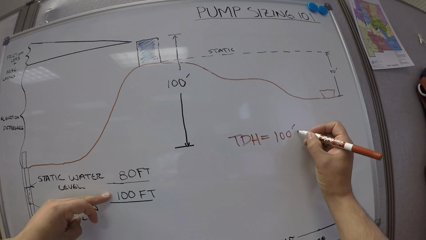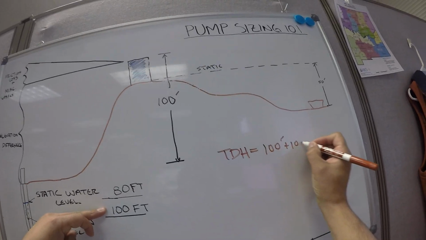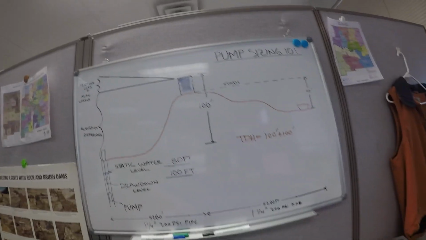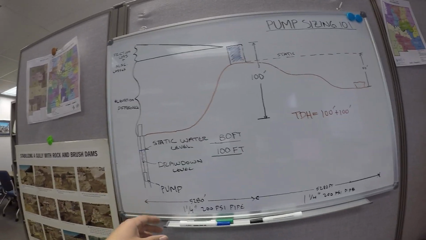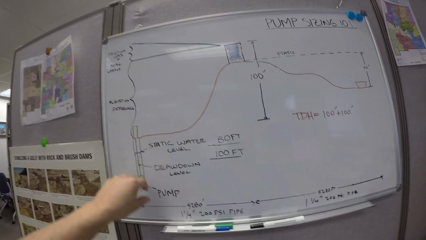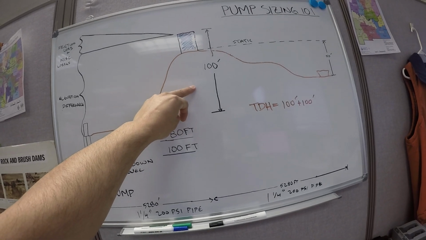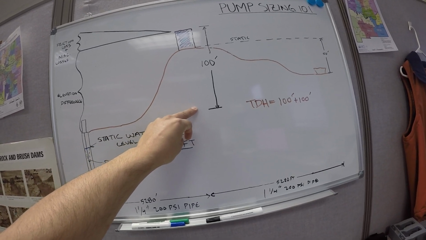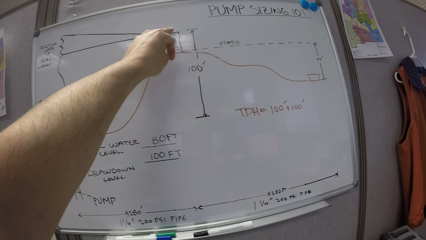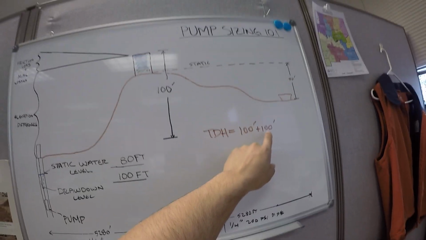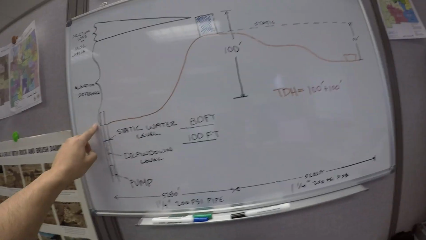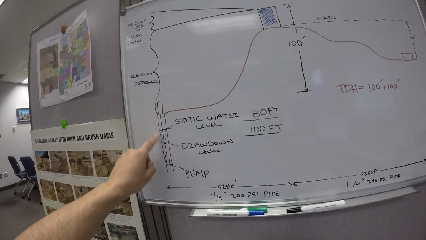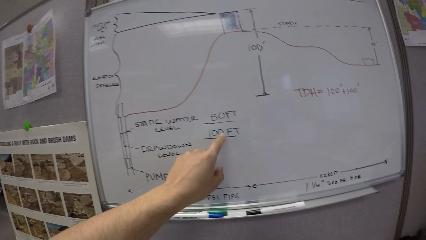So we're going to add another 100 feet. And so that takes into consideration 100 feet for elevation difference from the well elevation to the top of the tank, and then once again from the ground level to the drawdown level, it's 100 feet.